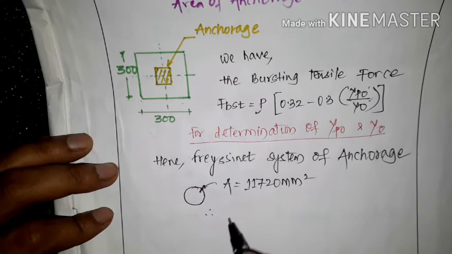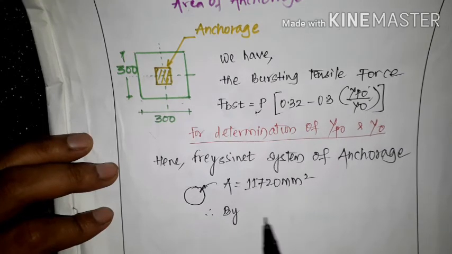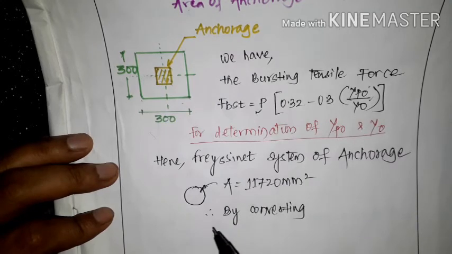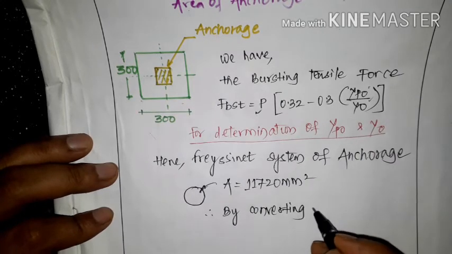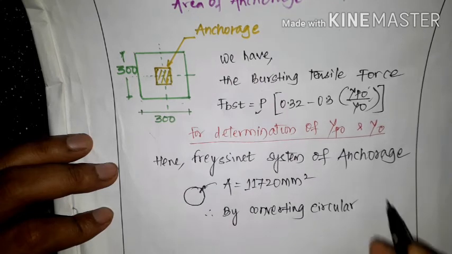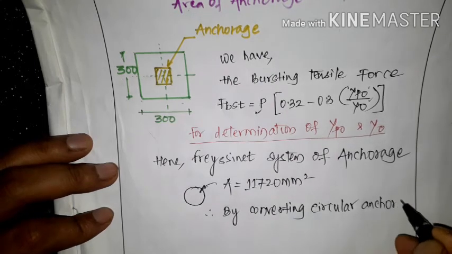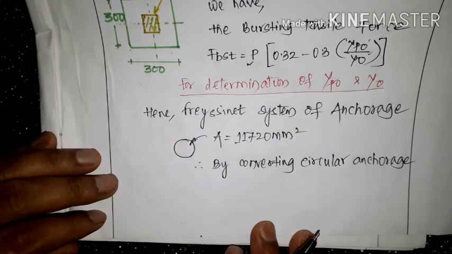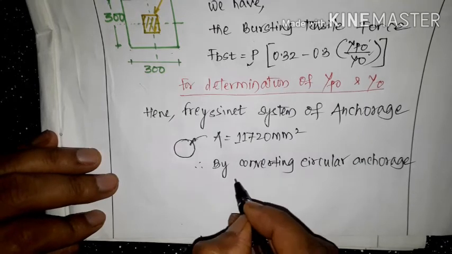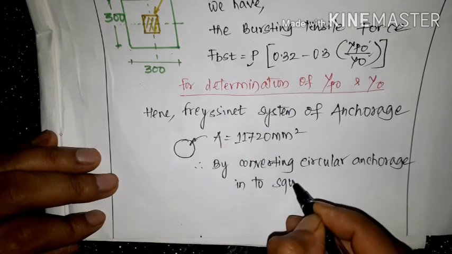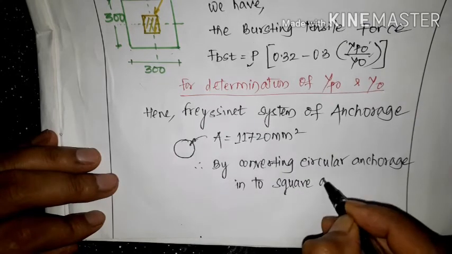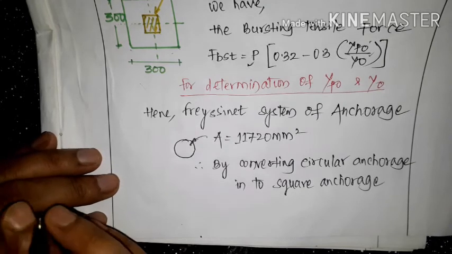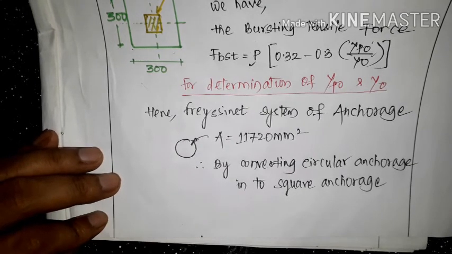Therefore, we convert the circular anchorage into a square anchorage. We will assume it is a circular anchorage because nothing else is mentioned, only the area is mentioned.